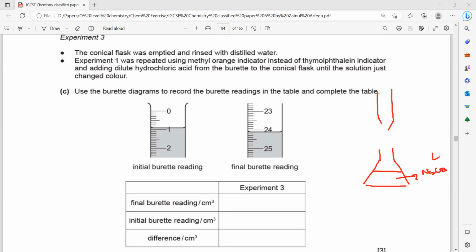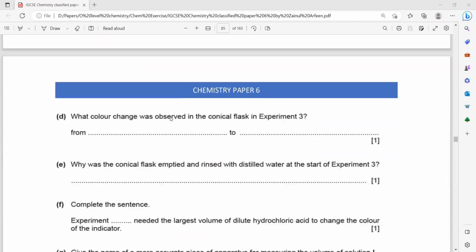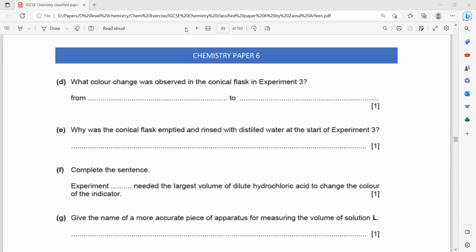And then what will happen? We add an acid, so it will change to orange because HCl was there in our burette. So yellow to orange is the color change.